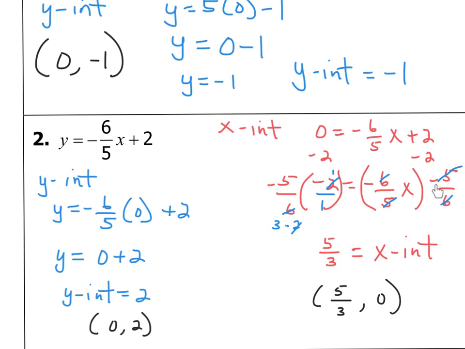And a negative times a negative gives us a positive, so we got a positive x on that side. We had to do the same thing to the other side, so we multiplied the negative 2 times negative 5/6. And here I indicated that the 6 turns into 3 times 2, allowing us to divide out the 2's, leaving us negative 5 times negative 1 in the numerator to give us 5, and it just left us 3 in the denominator.